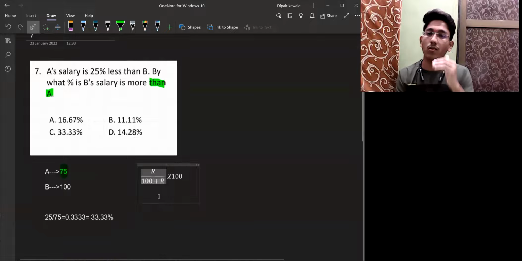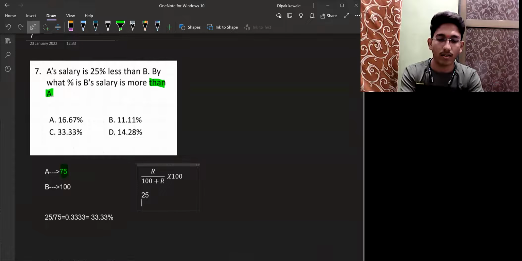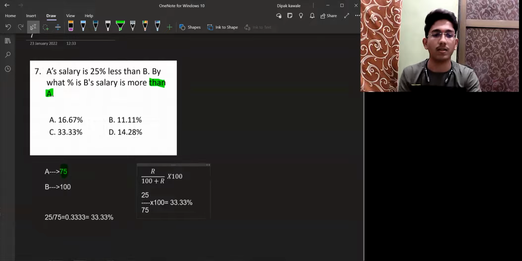If it is more, then it will be plus. So in this question it will be 25 divided by 100 minus 25, which is nothing but 75. Okay, and multiply by 100, this is nothing but the same answer, 33.33%.